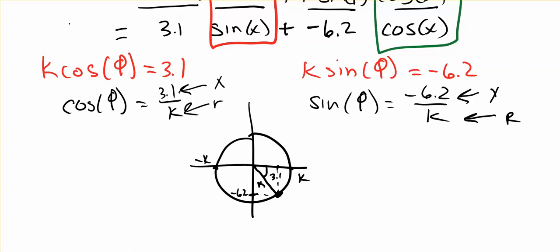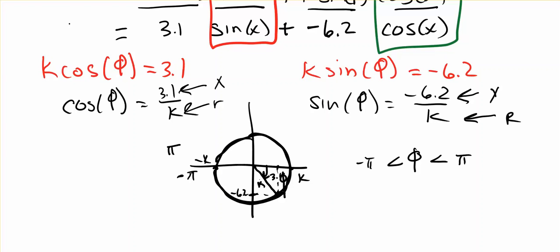Now, this angle right here is our phi. We can express phi as either this negative angle or the positive angle. The only caveat is they said phi needs to be greater than negative pi and less than pi, which means if this is negative pi, we want an angle anywhere from here all the way over here to positive pi.